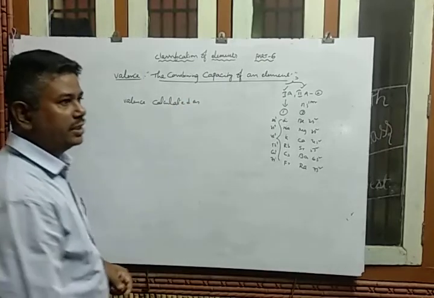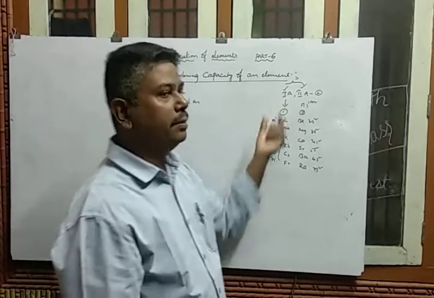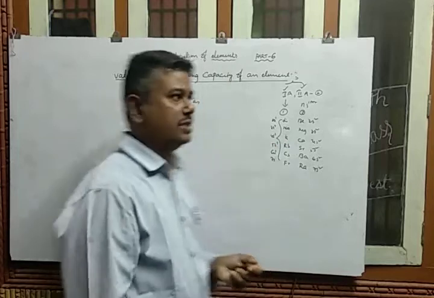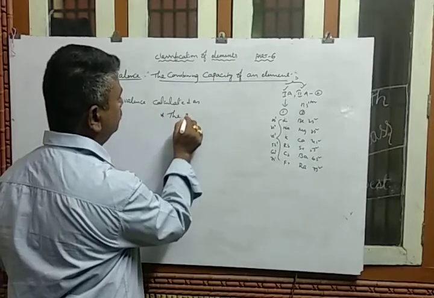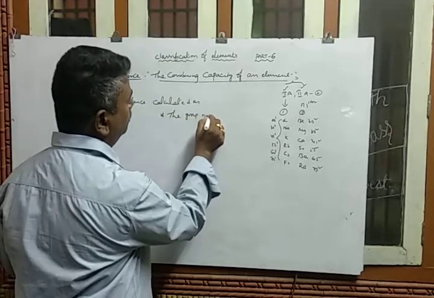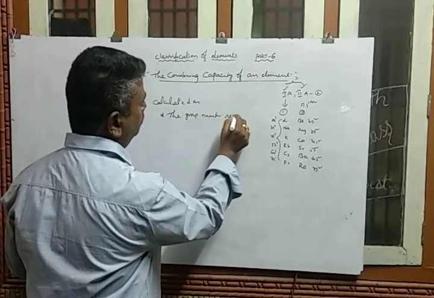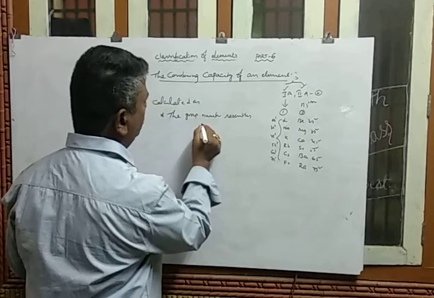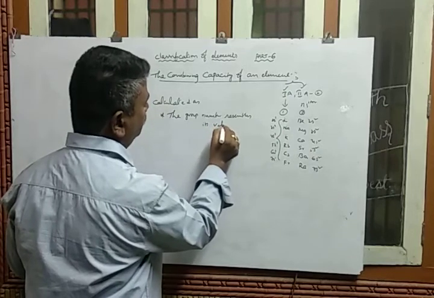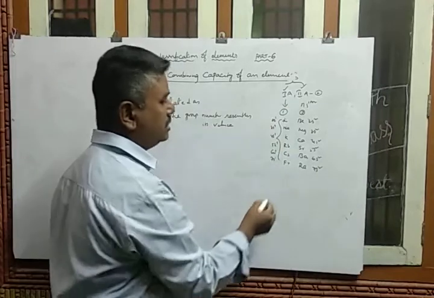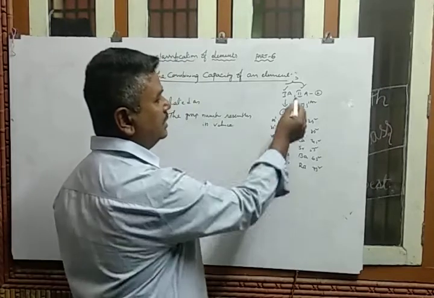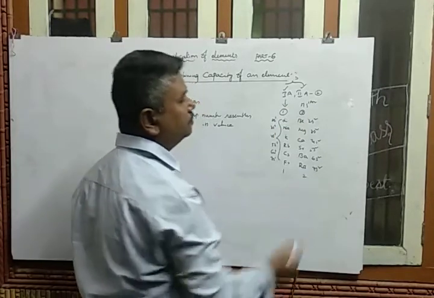Generally, the group number resembles its valency. That means the first group valency is 1, the second group valency is 2.